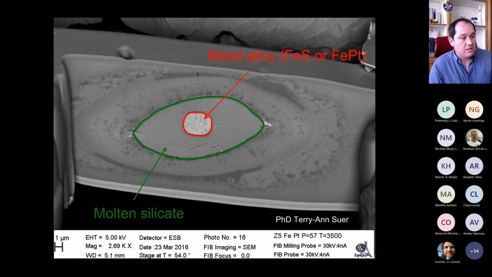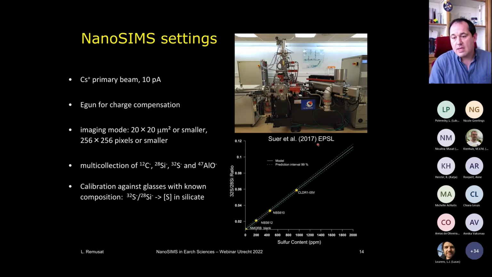Here I'm going to present an example from the Suer et al. 2017 paper, where we looked at the partitioning of sulfur, but we have also made measurements on platinum. It's a little bit more difficult, but it works well as well. For the sulfur we used a cesium primary beam.